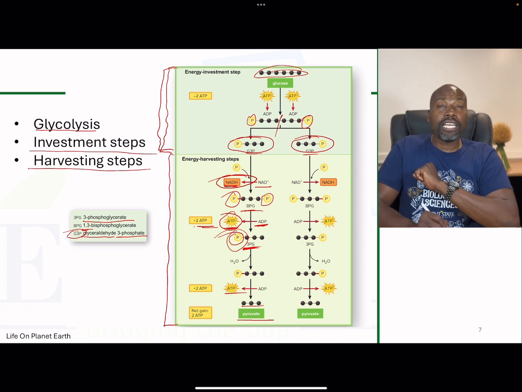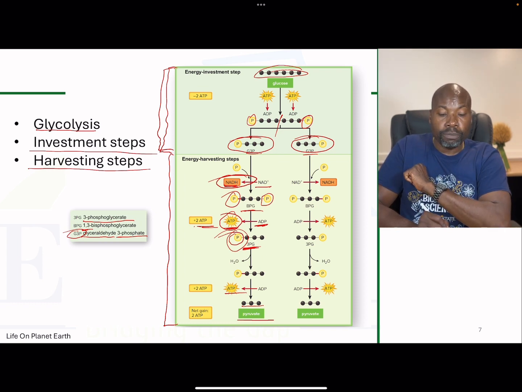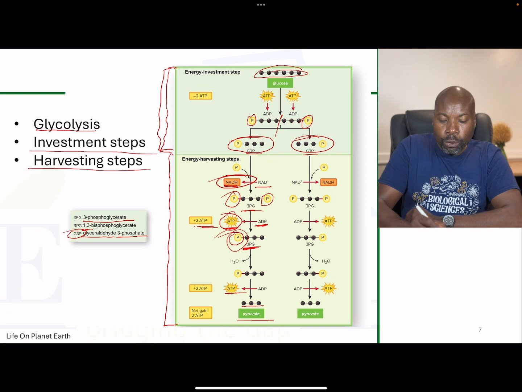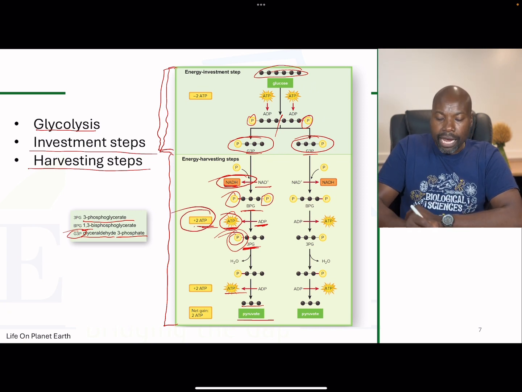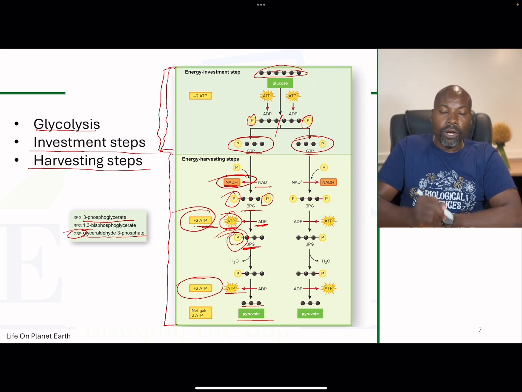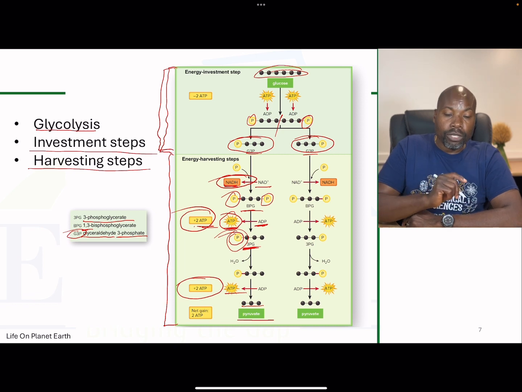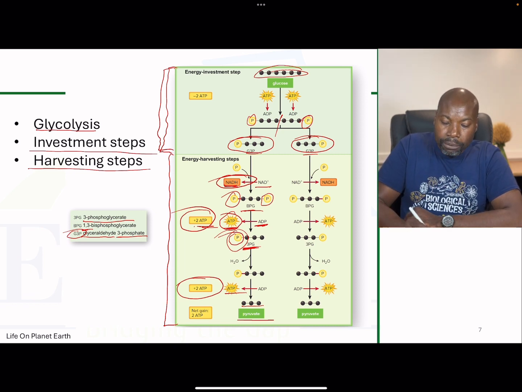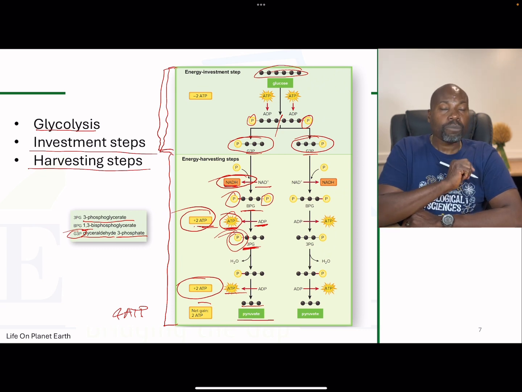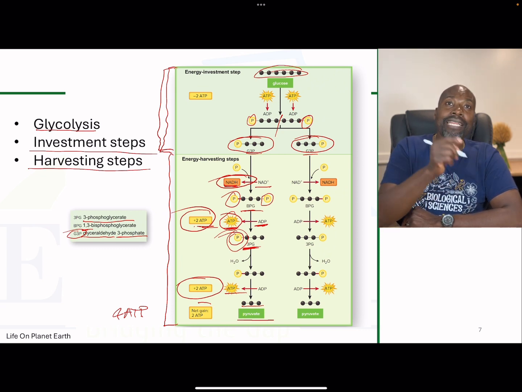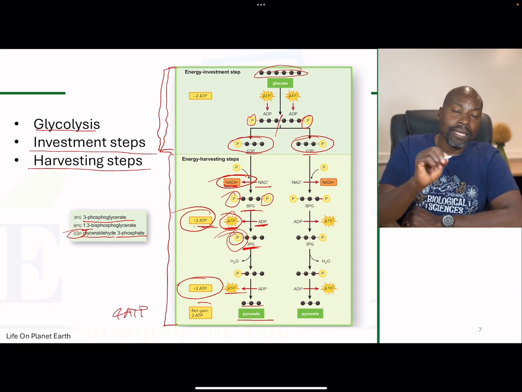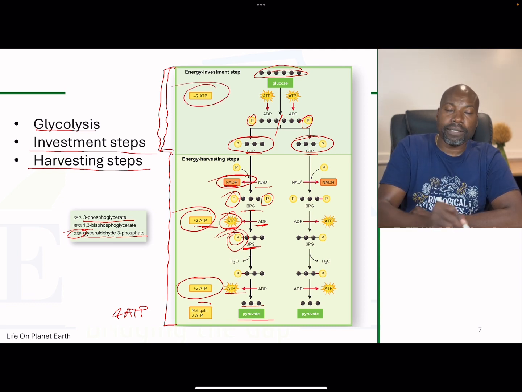Now, in terms of number of molecules produced, we're going to have 2 ATPs produced here and 2 ATPs produced here. Altogether, the outcome of glycolysis is the production of 4 ATPs. But now, remember that at the very beginning of glycolysis, there was investment of 2 ATPs, right?